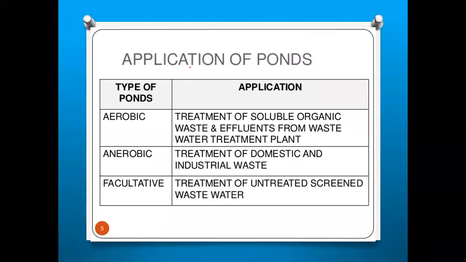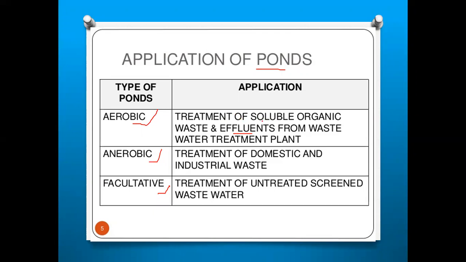Next one, applications of the various ponds. What are the types of ponds here? Aerobic pond, anaerobic pond, and facultative pond. In the aerobic pond, what is the application? Treatment of soluble organic waste and effluents from wastewater treatment plants.